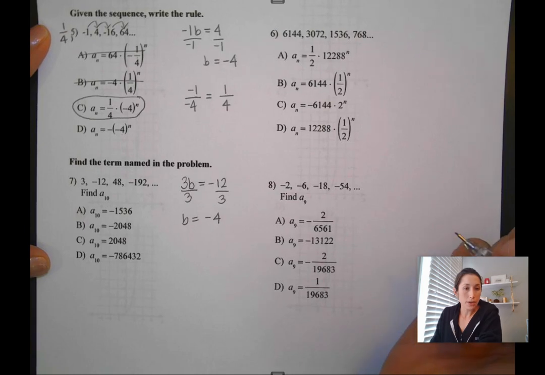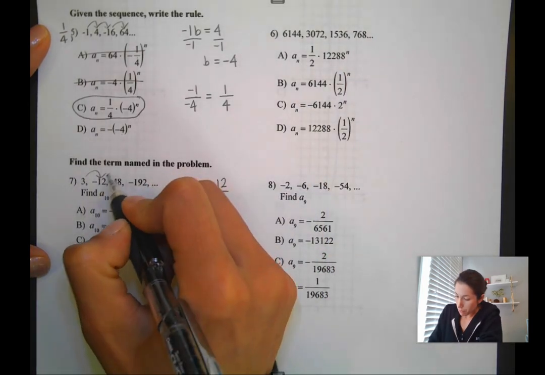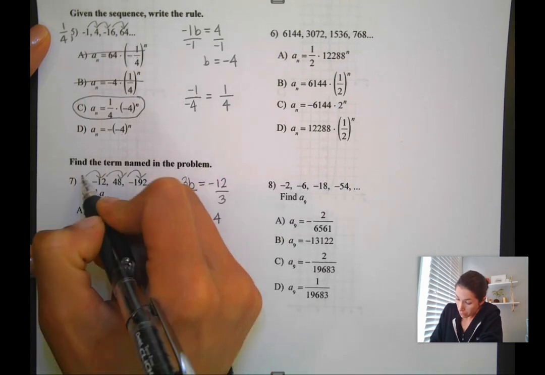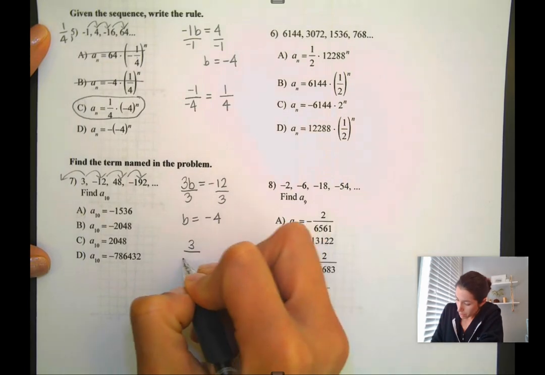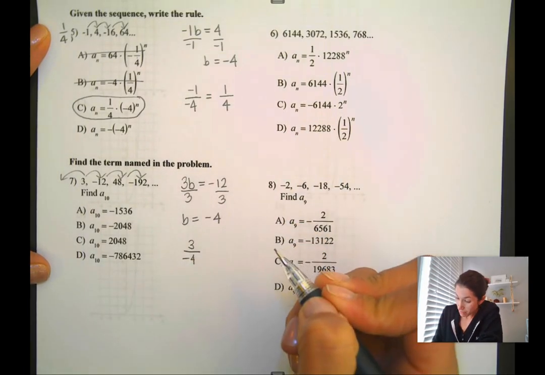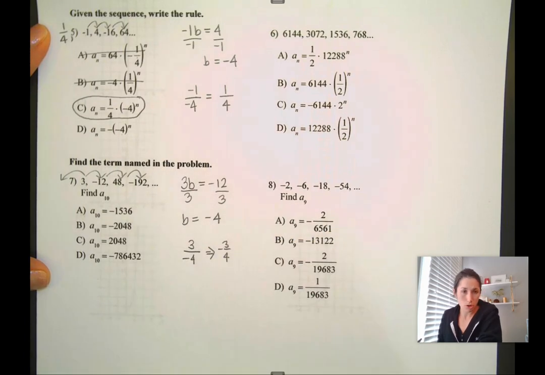And then I just need to figure out what my 0th term is. So it looks like we're multiplying by -4, multiply by -4, multiply. Okay, so our opposite of that, we're going to have to divide by -4. So 3 divided by -4, well, that's just -3/4. Or you can do a decimal, -0.75. Doesn't matter. So that would be our 0th term.